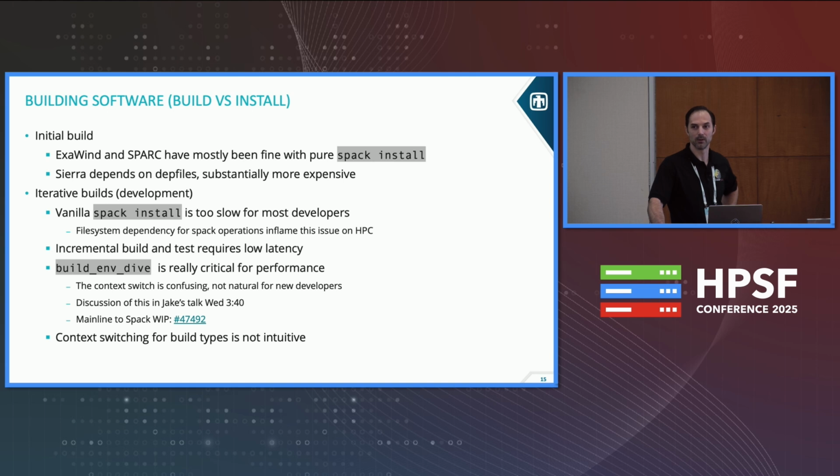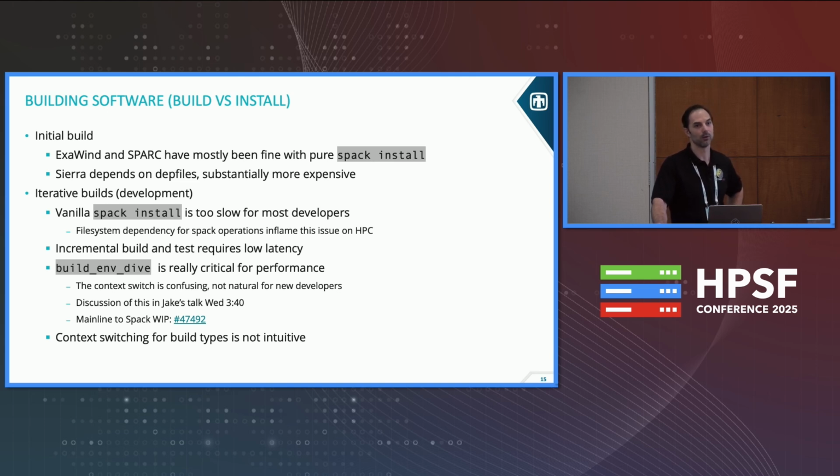The install is a bit of an afterthought. When we're doing actual development, we've found that Spack install is too slow. So some of these abstractions, when we want to use them, don't quite work the way we want. And pointedly on the HPC systems, this becomes dramatically worse because there are some file system dependency operations that occur that just inflame the process.